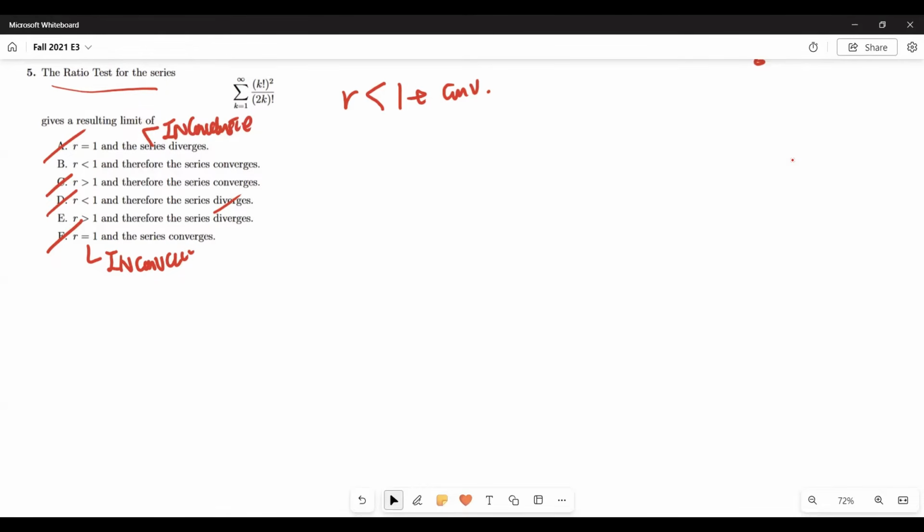Let's try the ratio test now. So the sum from k equals 1 to infinity of k factorial squared over 2k factorial.